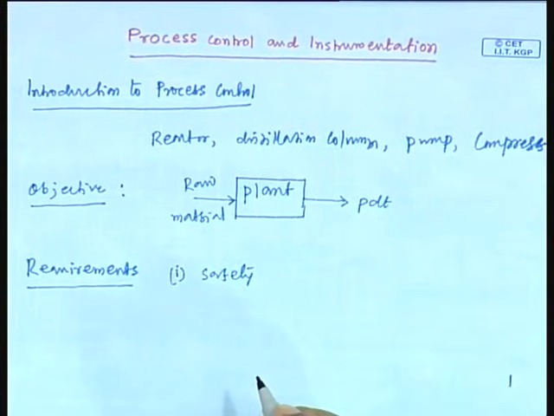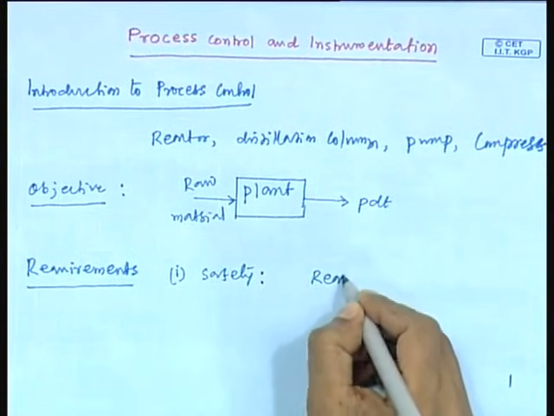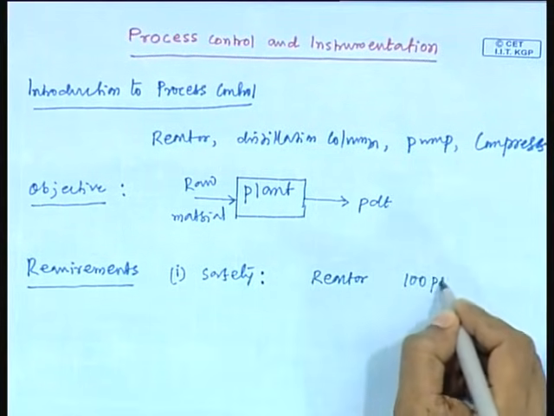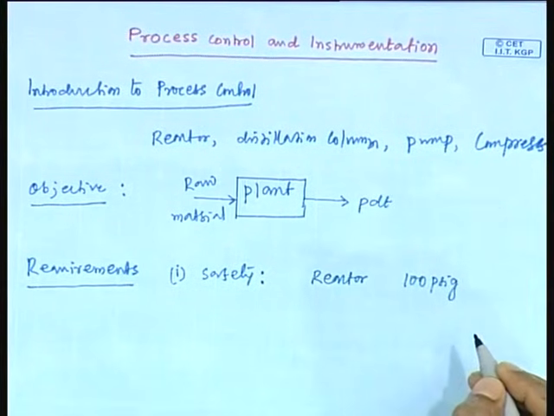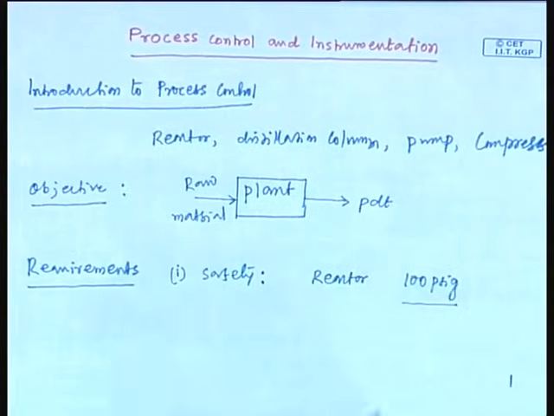Say for example, a reactor which is designed to operate within 100 psi pressure. Now, to maintain this pressure, we need some external intervention so that the reactor operates below this limit. This is the first requirement, that is safety.